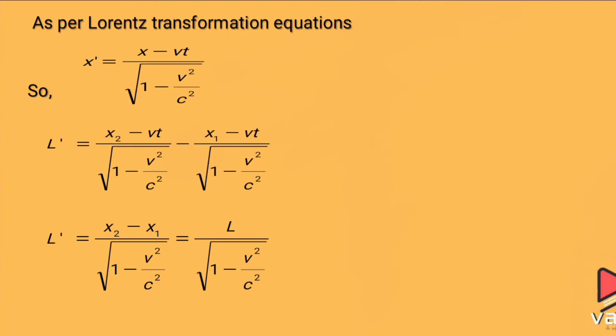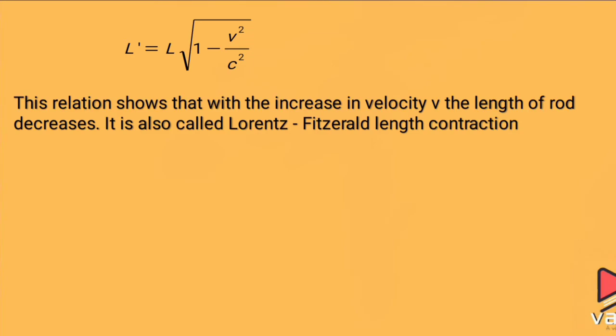So if we compare this with L prime, if we shift to the S prime frame of reference, then the length L prime equals L times the square root of 1 minus v squared over c squared. So this is actually the relation of length contraction.